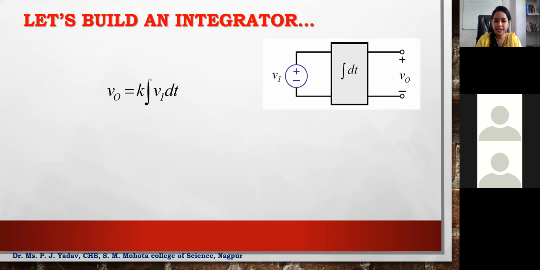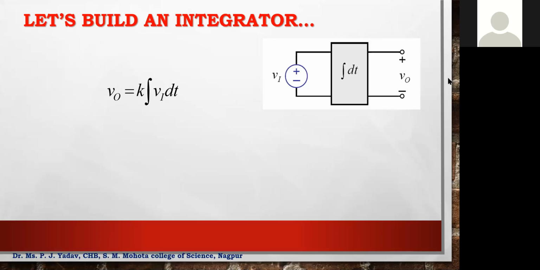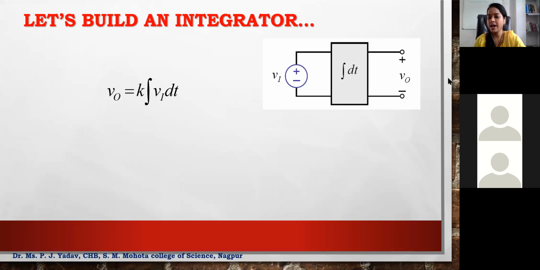Looking at this circuit, we can define the integrator by a formula: V out is equal to a constant times the integration of Vi dt. Whatever we give to this circuit, at the output we need the integration of that input voltage. This is the desired one. For this, we have to design an integrator.